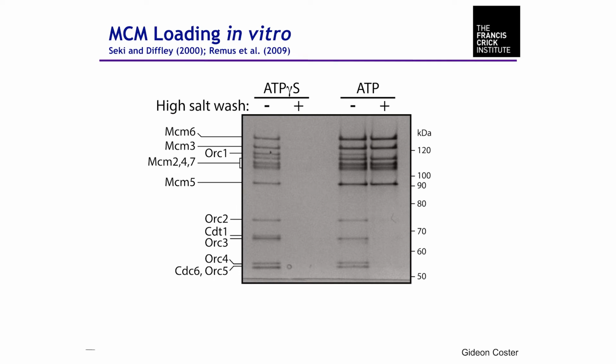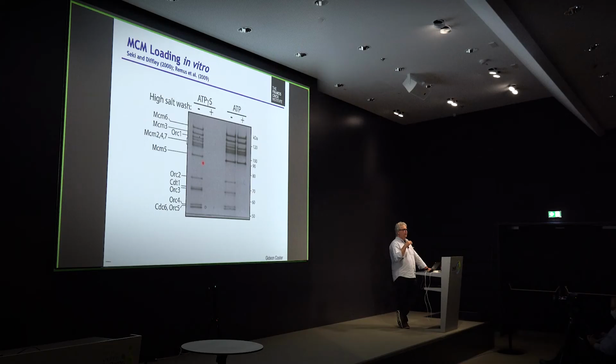One thing I should have mentioned already is that sequence-specific binding of ORC to DNA is dependent upon ATP. So you need to have ATP for ORC to bind DNA. But it doesn't need to be hydrolyzed. So ATP gamma S, which isn't hydrolyzed in these reactions, works as well as ATP in supporting ORC DNA binding.